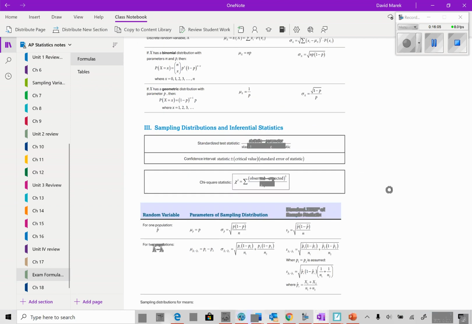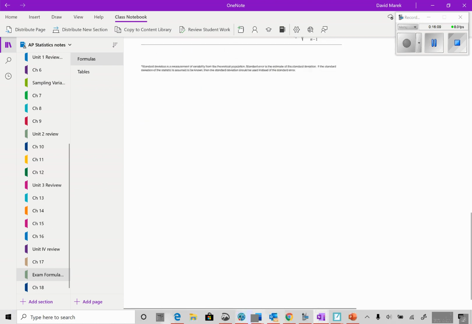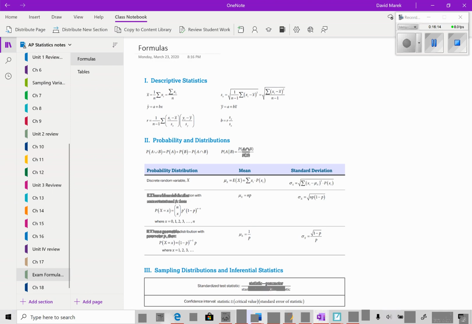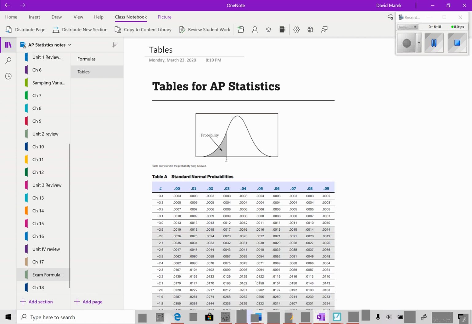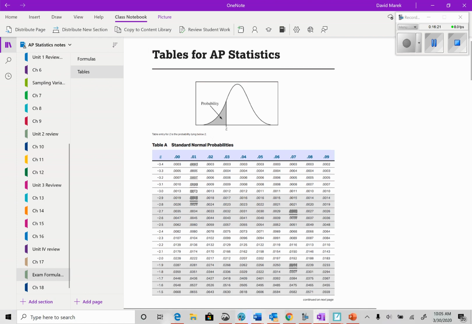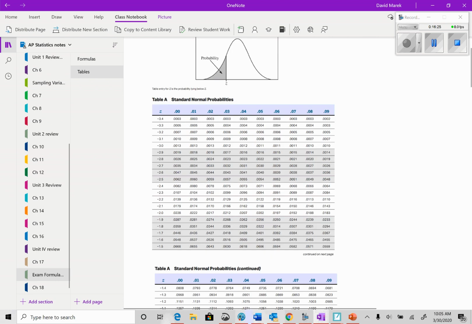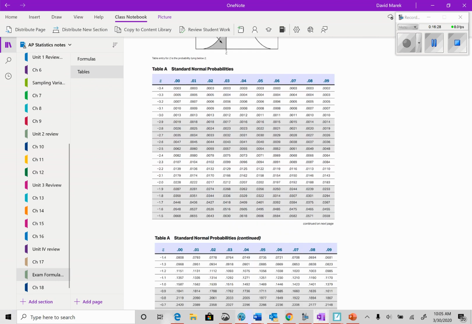So let's talk about that critical value. In addition to all of these lovely formulas, some of which we haven't gotten to yet, I'm going to try my best to get there. After that, there's going to be a whole list of tables. For table A, that's our standard normal probabilities. We haven't used this very much because your calculator will do that for you.